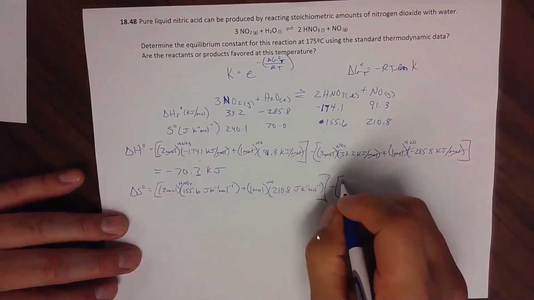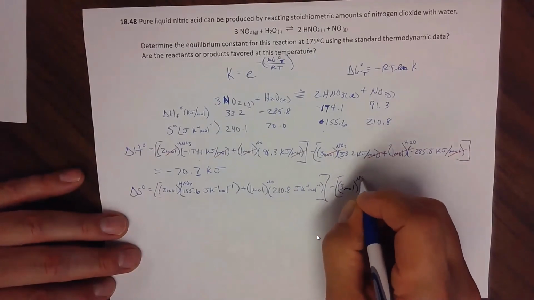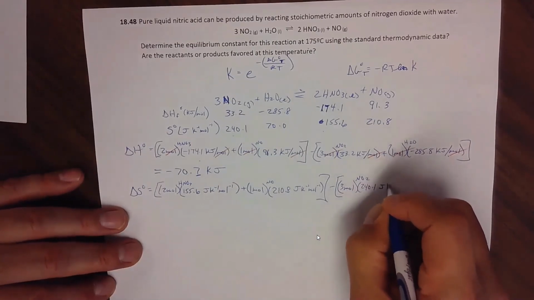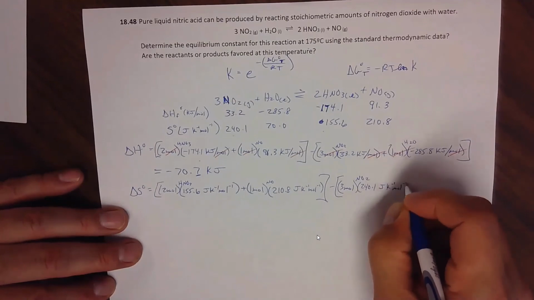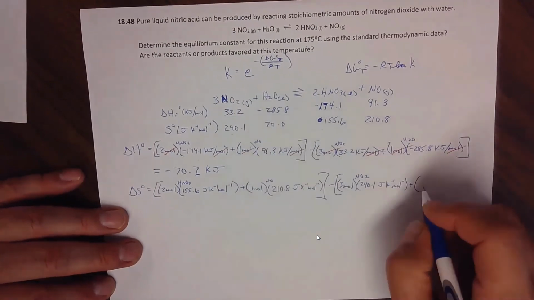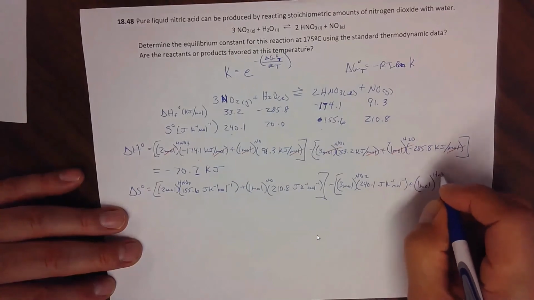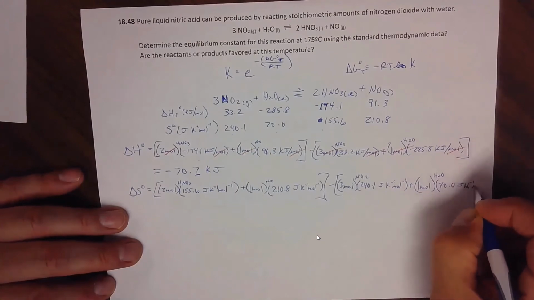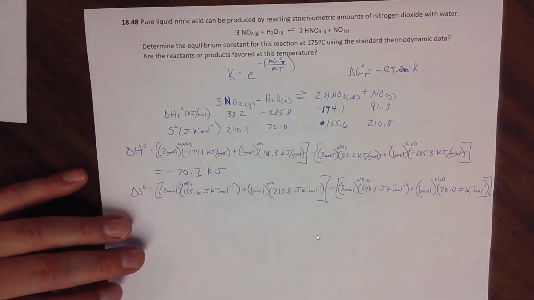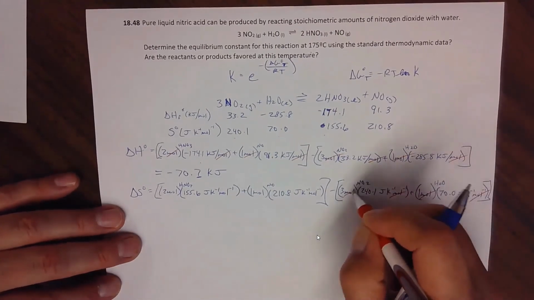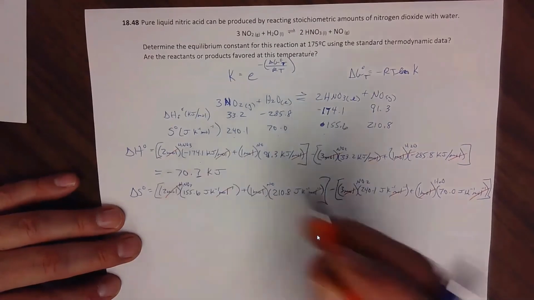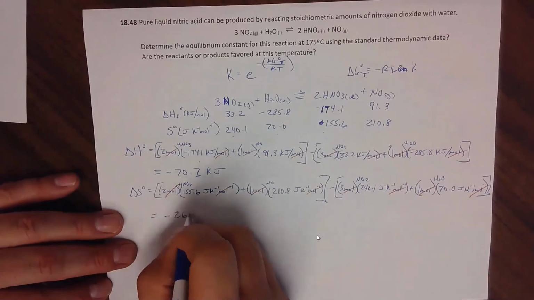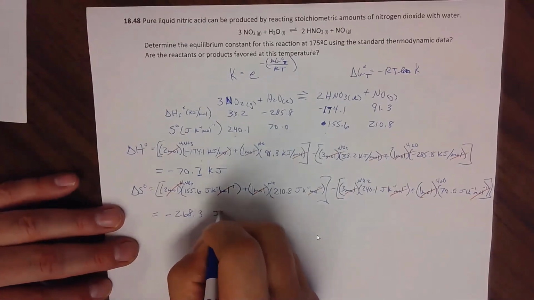Subtract from that the 3 moles of nitrogen dioxide at 240.1 joules per Kelvin per mole, plus the 1 mole of water at 70 joules per Kelvin per mole. Again, all of the moles cancel, and you're going to get a value for del S of negative 268.3 joules per Kelvin.